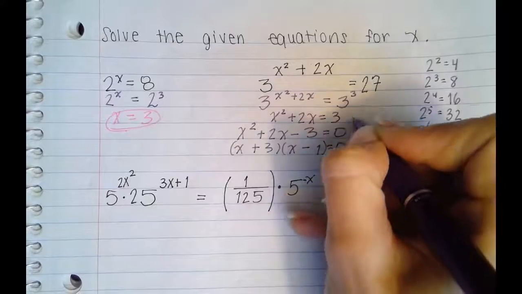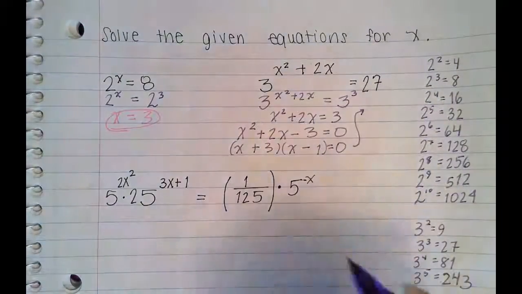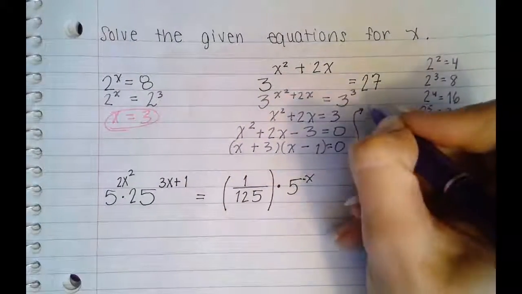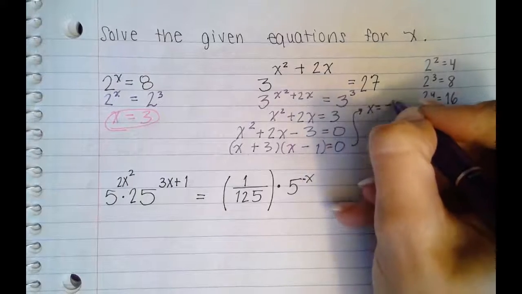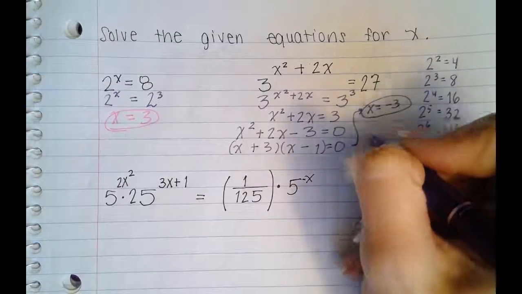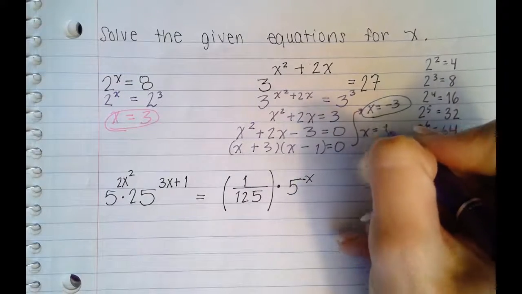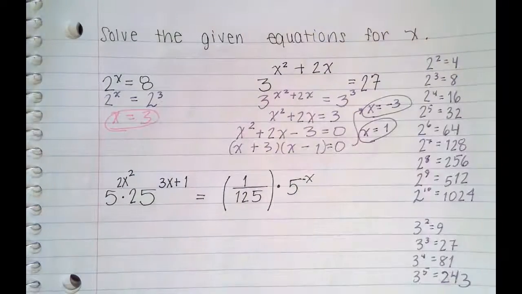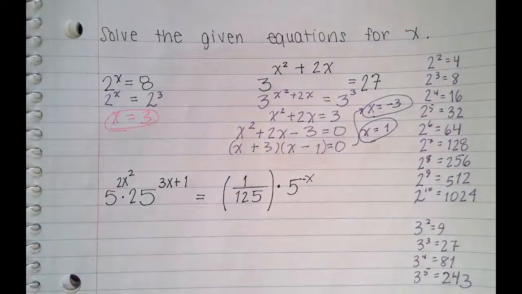I'm setting each of these equal to 0, and we get 2 answers: x equals negative 3, and x equals 1. A lot of times people guess and check, and they just get one to work and think they're finished, but really there are 2 answers in this problem.